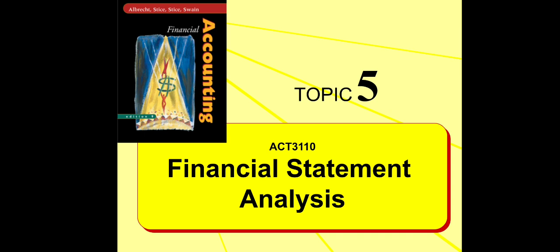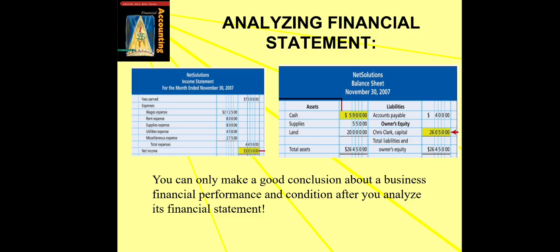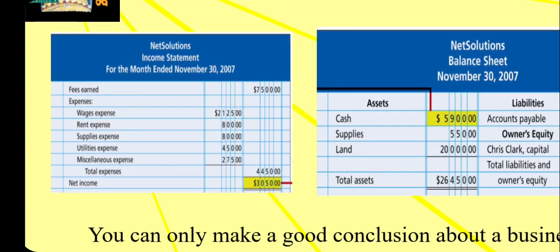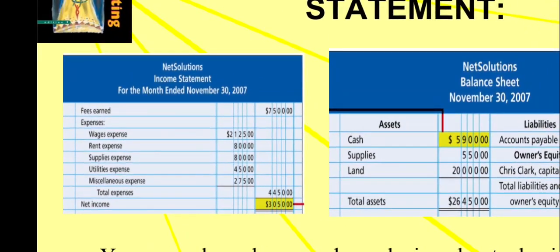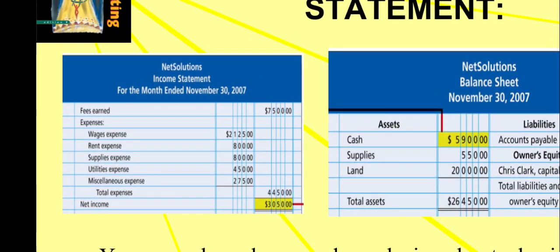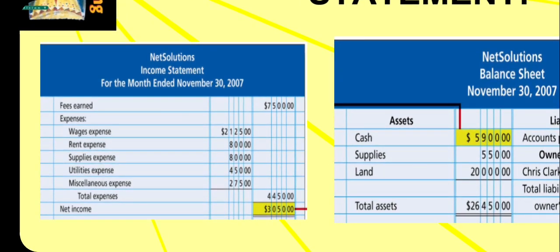Okay, so you have learned how to prepare the income statement and balance sheet. So remember this. Now, these two reports. See on the left side of this slide, you can see the income statement. Just to refresh your memory, the income statement shows whether a business is making profit or loss.